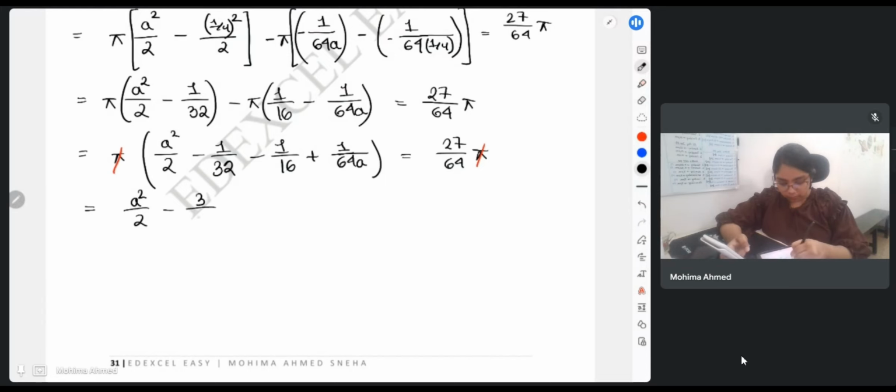So negative 3/32 and 1/(64a) is equal to 27/64. I'm going to take this 3/32 on the right hand side also.